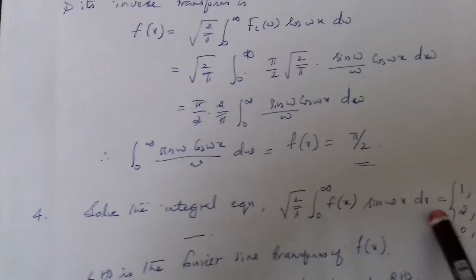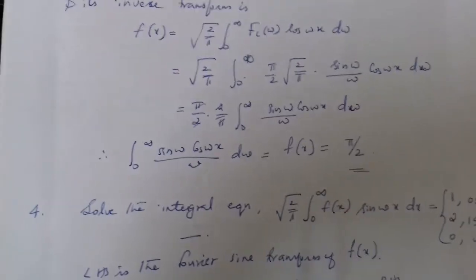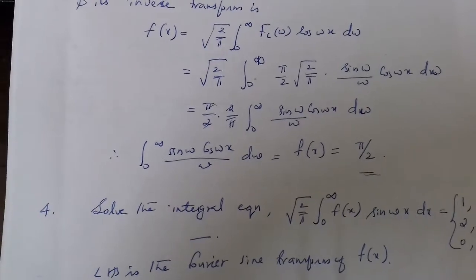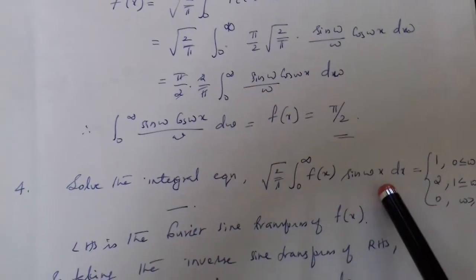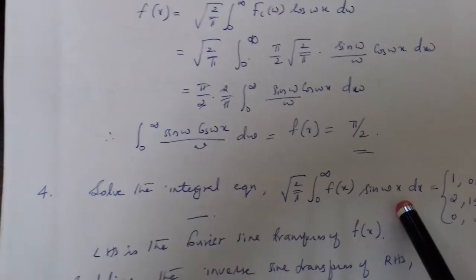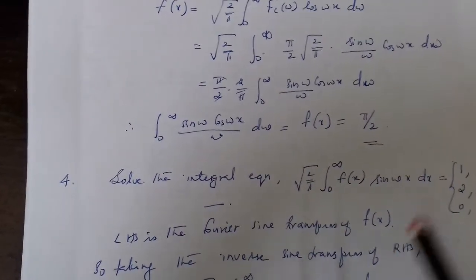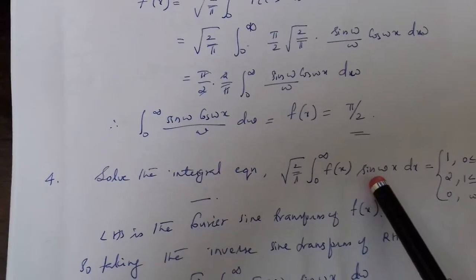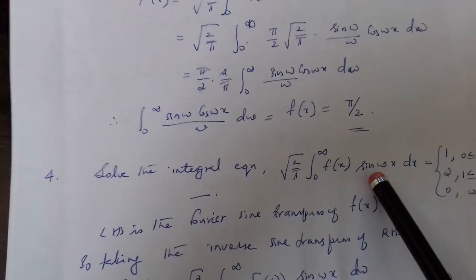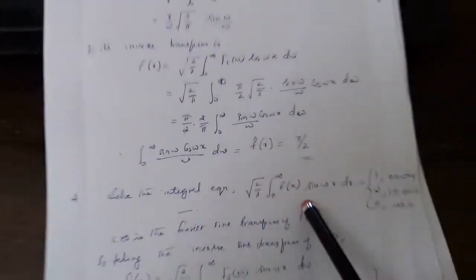Solving the integral equation, this type of integral means find the value of f of x. So this is the sine transform. Taking the inverse sine transform of f of x, what is given here is a sine transform from 0 to infinity.